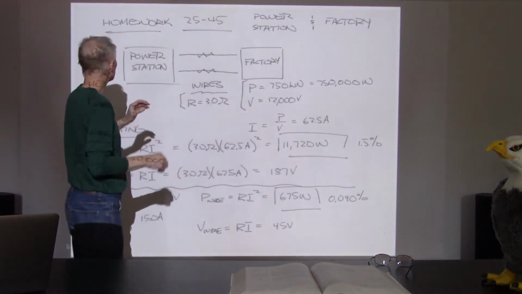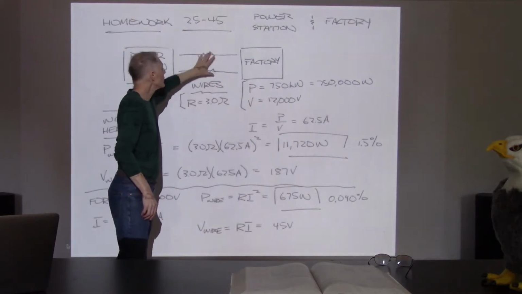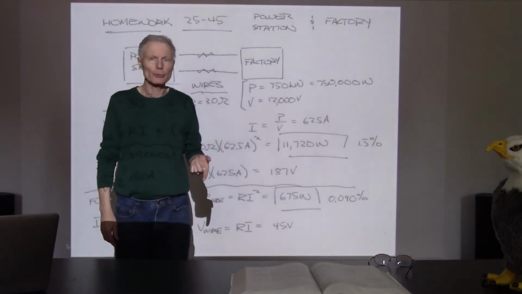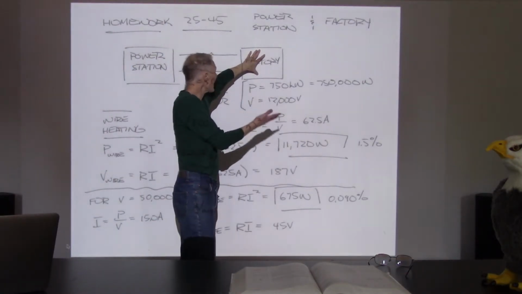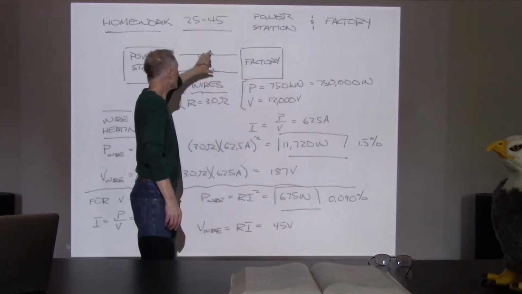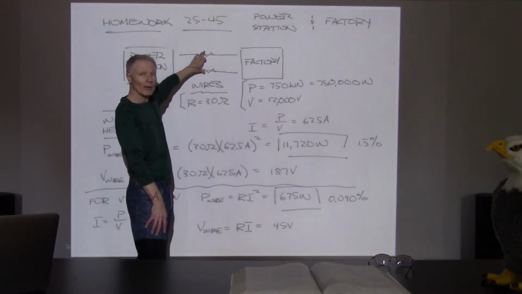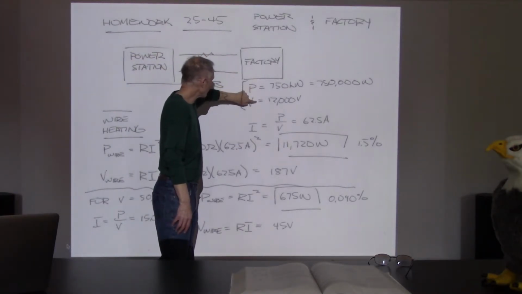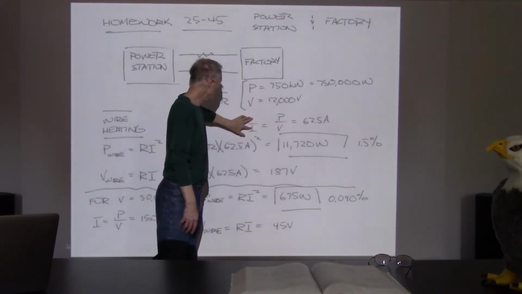So what's happening here is there's a power station, there's a set of resistors here. We could think of a factory as another set of resistors. And the voltage across the resistance in the factory is 12,000 volts. But we don't want that 12,000 volts to be lost in the wiring. So what we've done is we've used the power and the voltage of the factory, and then from that we can get the current.